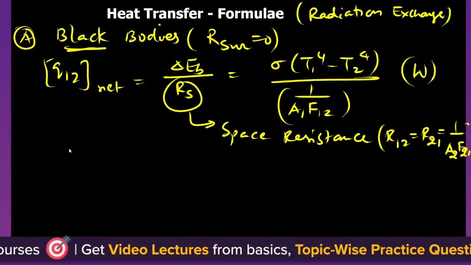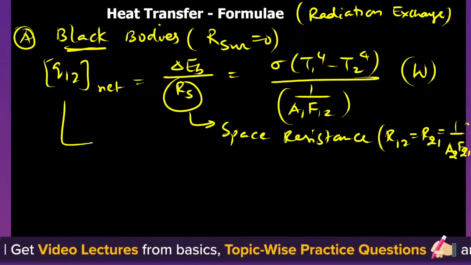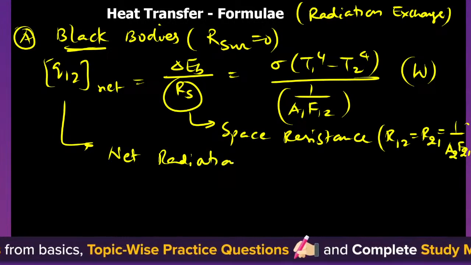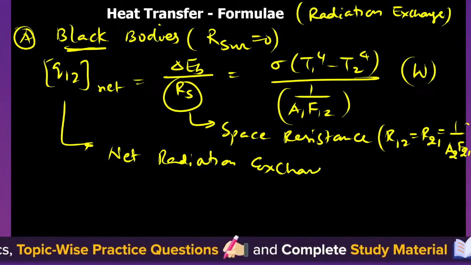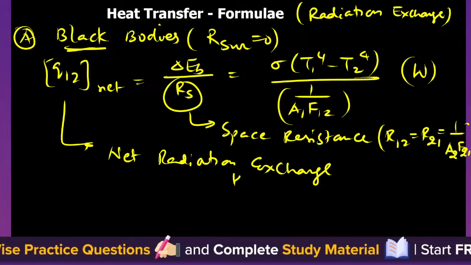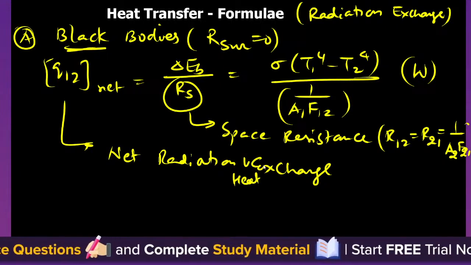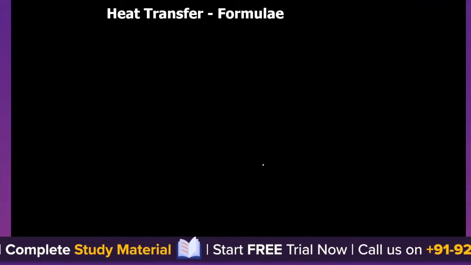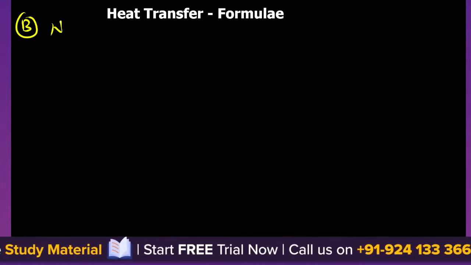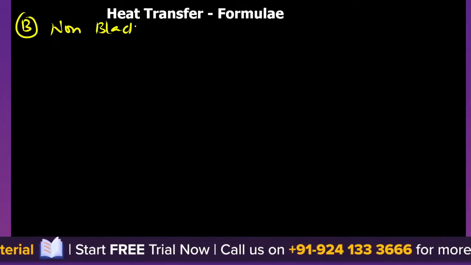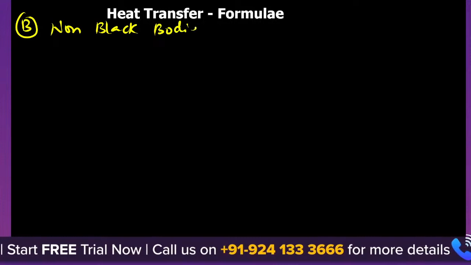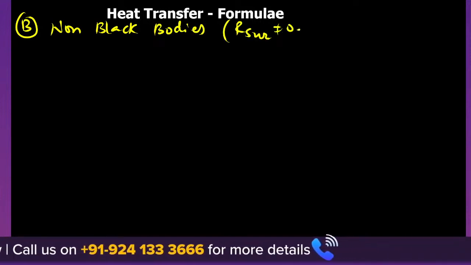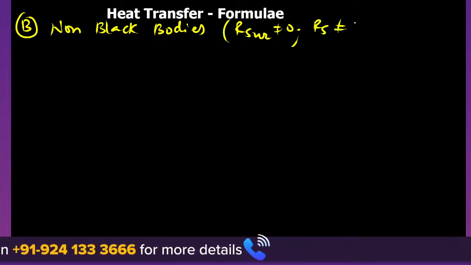For the non-black bodies, that is the net radiation heat exchange. For the non-black bodies, surface resistance is non-zero, space resistance is also non-zero.